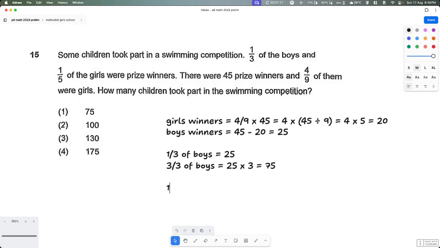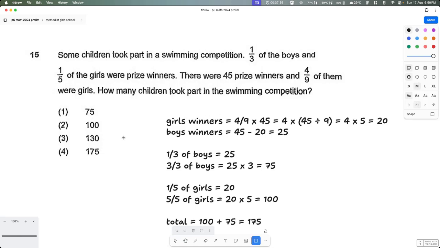Then 1/5 of girls is equal to 20. So 5 over 5 of girls is equal to 20 times 5, which is 100. Total is equal to 100 plus 75. This is 175, which is option number 4. All right, let's move to the next question.